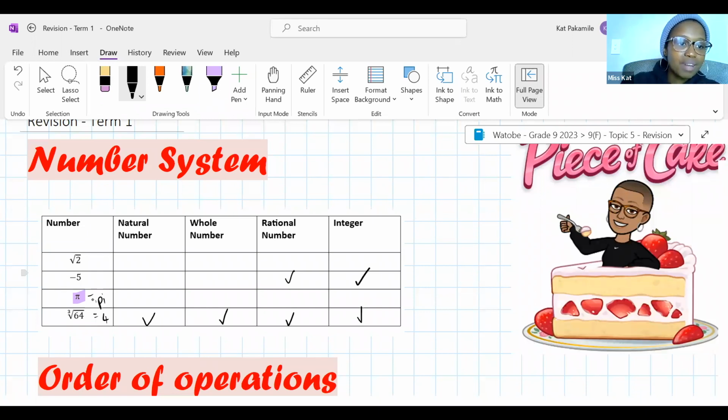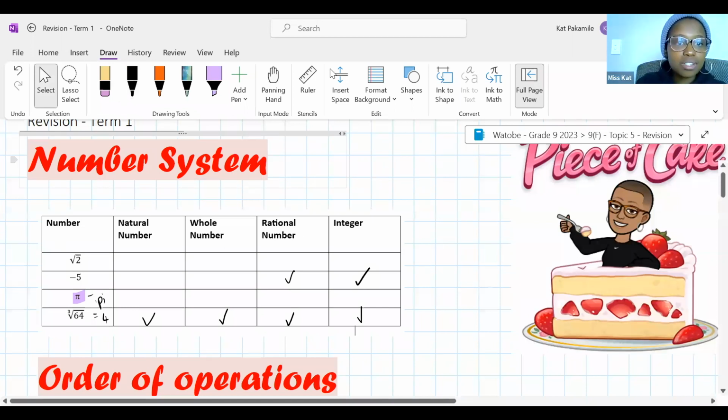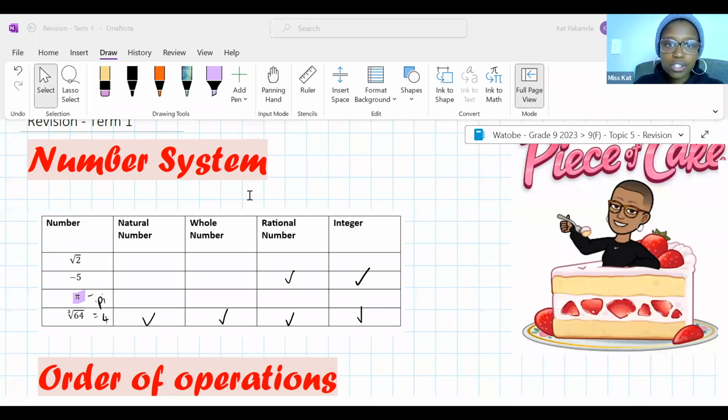But I feel like we still need to go through the definitions of these words that we have at the top here. Who wants to give me the definition for natural number, whole number, integers, and rational numbers? In the chat, or put your hands up. There we go. Yes, Amashe.